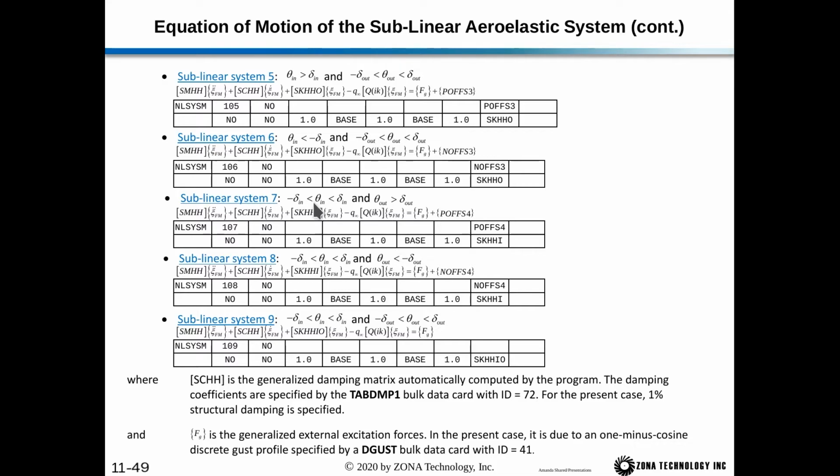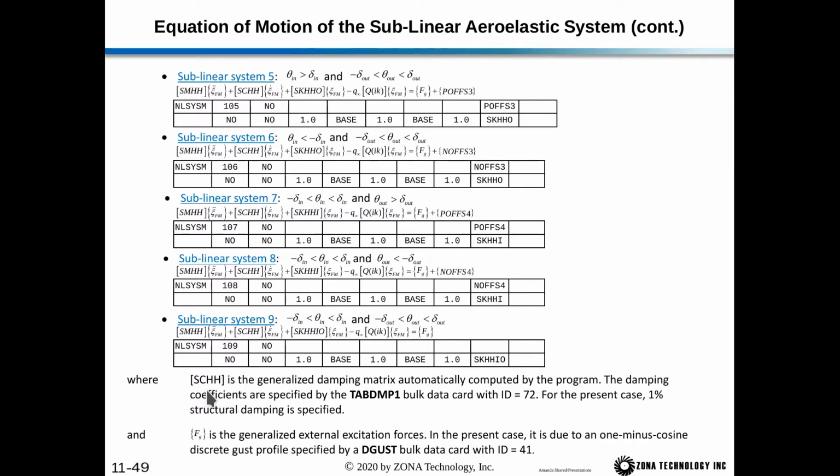Next, we have theta in within the soft region for these two cases. So our stiffness matrix is SKHHI. And then lastly, when we have both theta in within plus or minus delta in, and theta out within plus or minus delta out, we have no offset matrix, and then our stiffness matrix is SKHHIO.